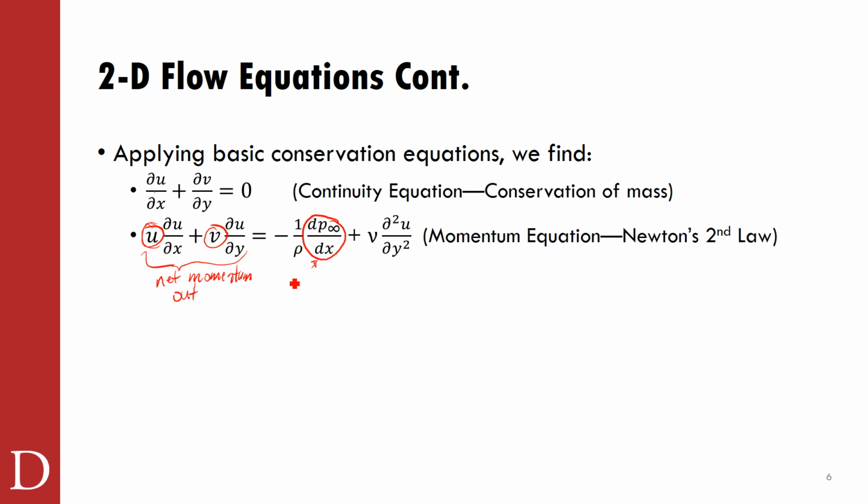This is a pressure gradient. And then here we have our viscous shear force, right? So we had the second derivative of u with respect to y times this kinematic viscosity, nu. So this is the viscous shear force.